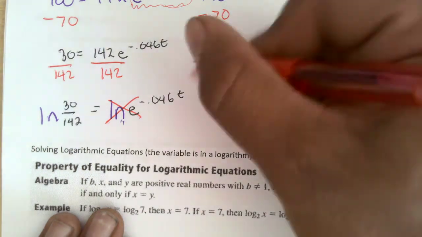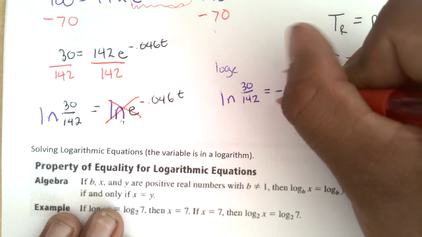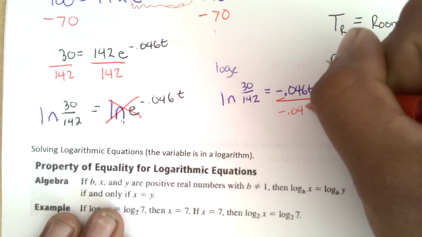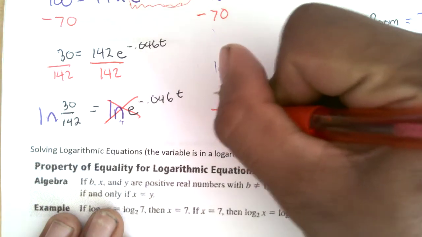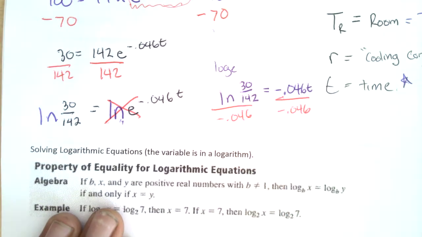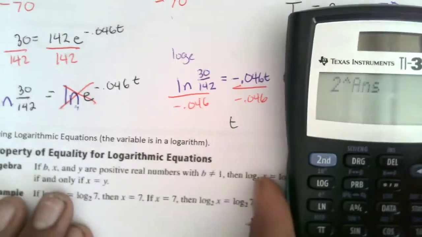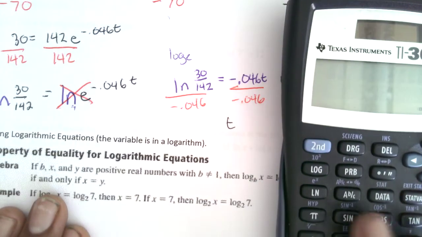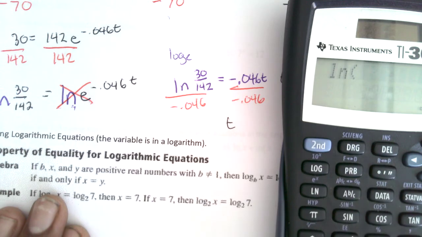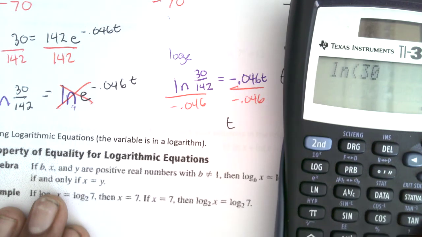And notice I still haven't put this in the calculator yet. I will, but I like to do it at the end so we don't have any rounding issues, which you might run into. And what we'll do is we'll go ahead and we'll get this in the calculator. So what does that look like on the calculator? I'm going to hit my ln. I'm literally putting all of this in the calculator at once.